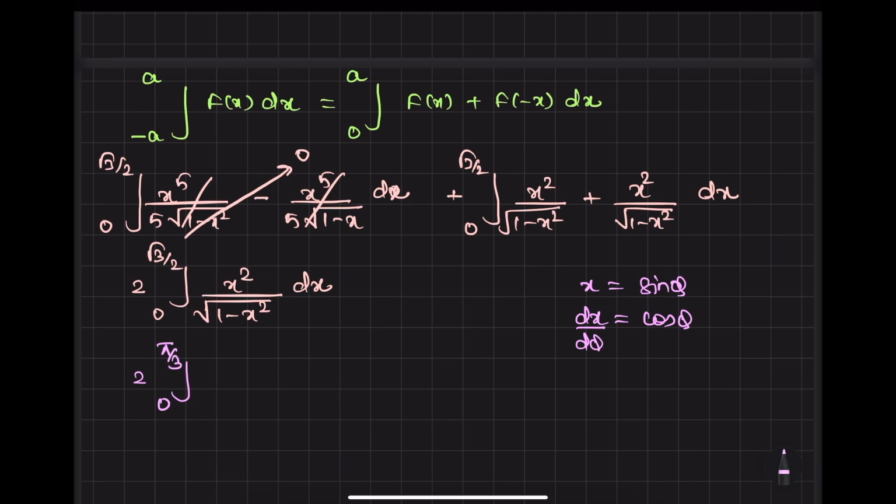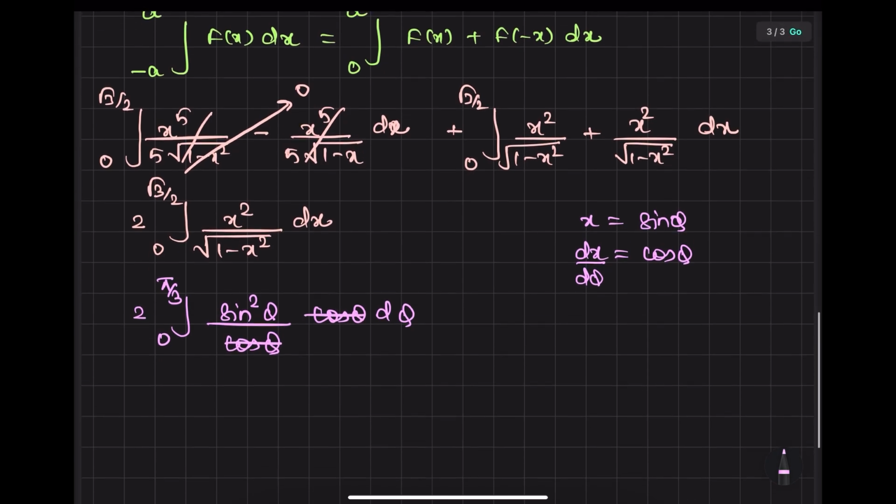And this x square will become sine square theta upon 1 minus sine square theta, which is cos square theta, and the root of cos square theta will become cos theta, and in place of dx I can write cos theta d theta.